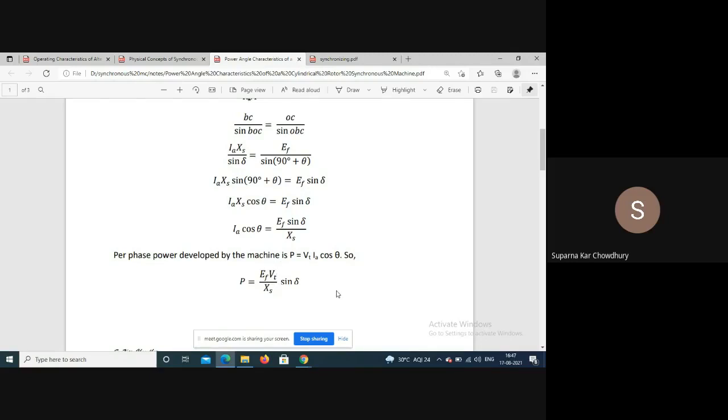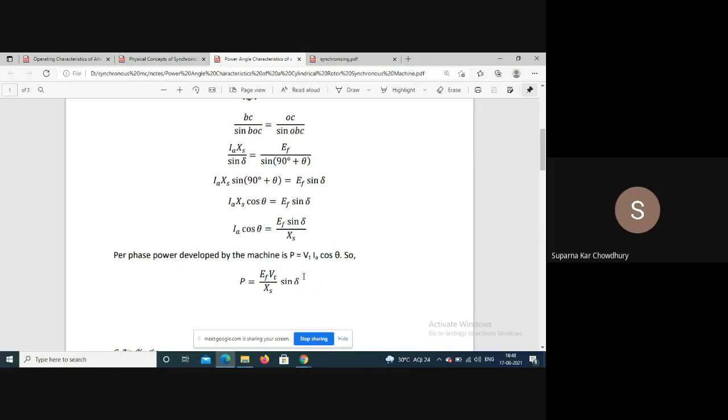So when the power delivered by the machine changes, what will change is this quantity, sine delta. As the load on the machine changes, the angle delta between Ef and Vt will change, so that this equation holds good.